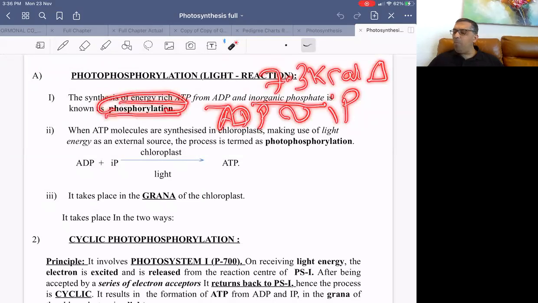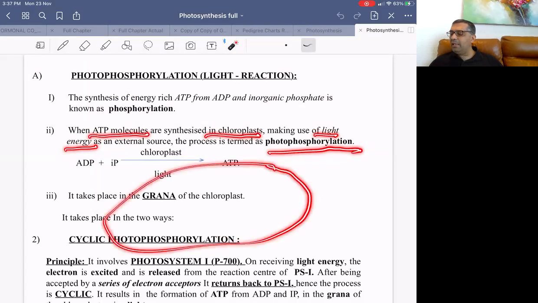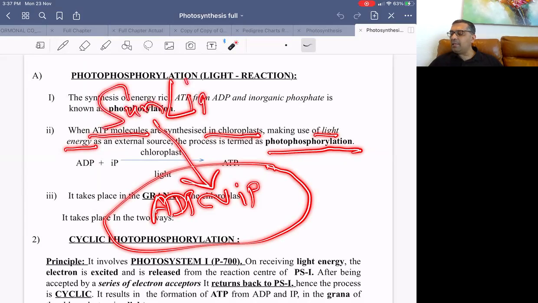When the ATP molecules are synthesized in chloroplast, making use of light energy, then that is called as photophosphorylation. तो क्लोरोप्लास्ट के अंदर ADP and IP using light, sunlight as a source of energy to form a molecule of ATP is called as photophosphorylation.